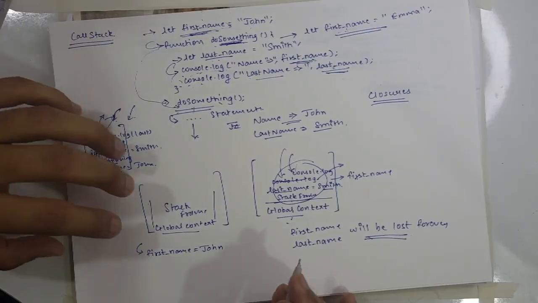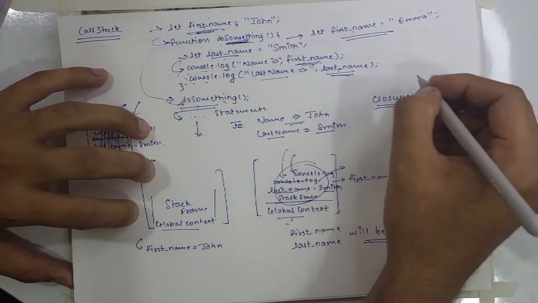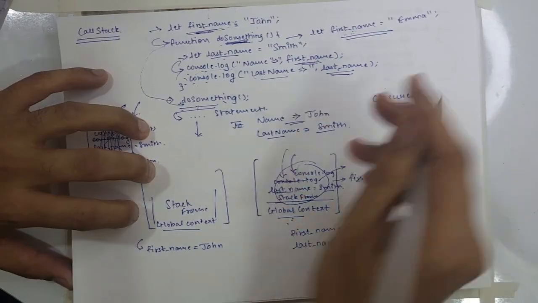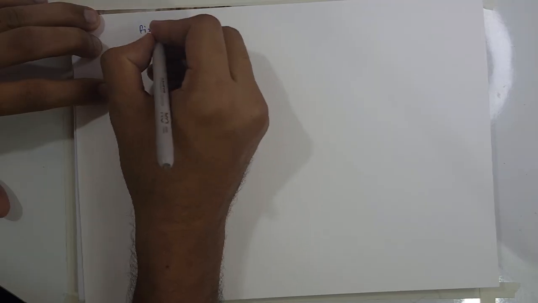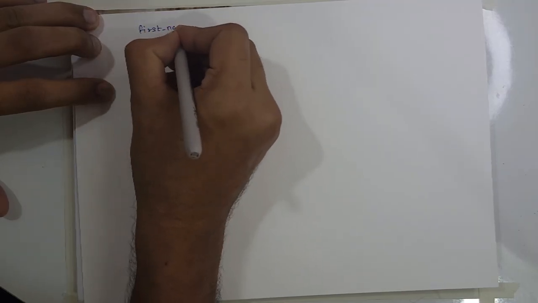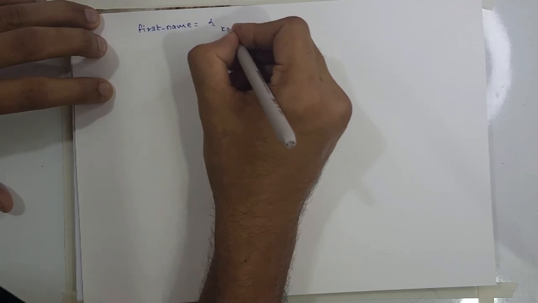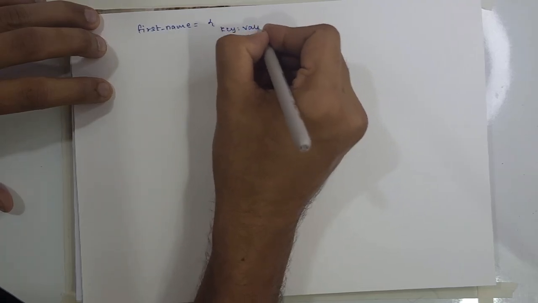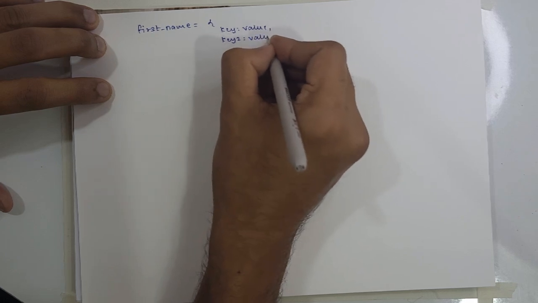Now, you may ask, what if this first_name is not equal to John, and what if first_name is equal to a JSON with a key, a value, comma, a key, a value?